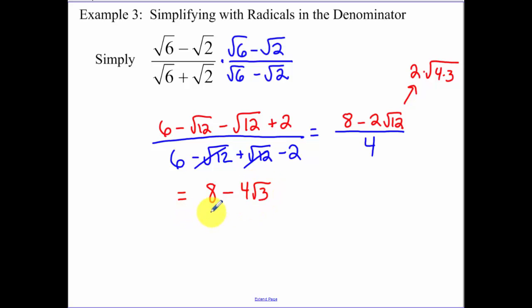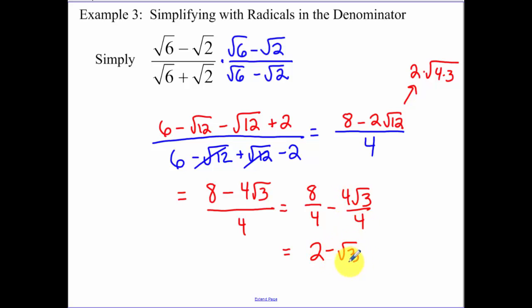Root 3 all over 4. Now remember, to simplify this, the same number needs to be factored out of all the numbers. Or write it like this. Eight over 4 simplifies to be 2. 4 over 4 simplifies to be 1. Root 3.